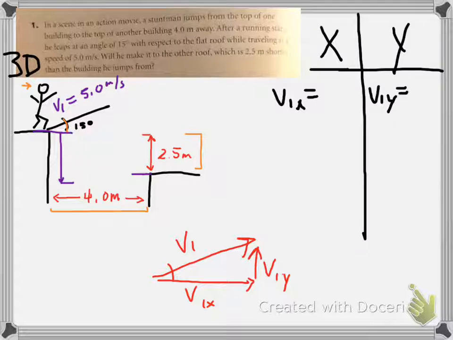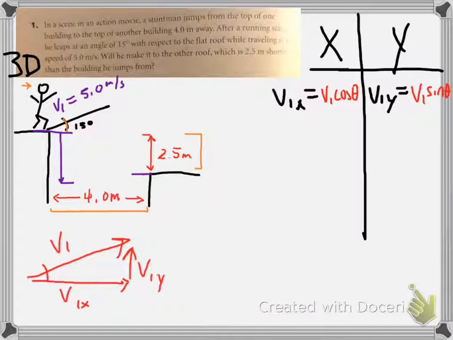Does that help? Your initial velocity on the x-axis should be VI cosine theta, and your initial velocity on the y-axis should be VI sine theta. I'm not going to give you any more than that. I'll stop the video. If you still need help, check in with me.